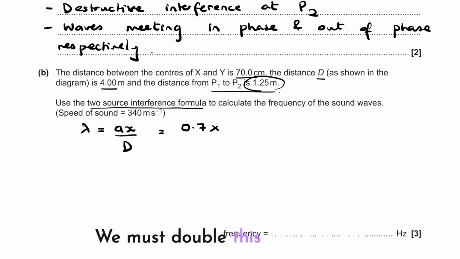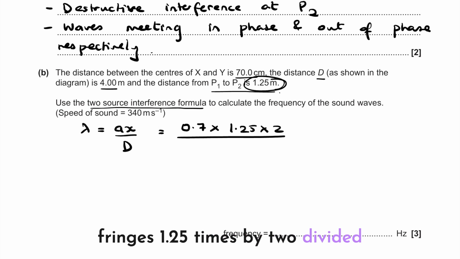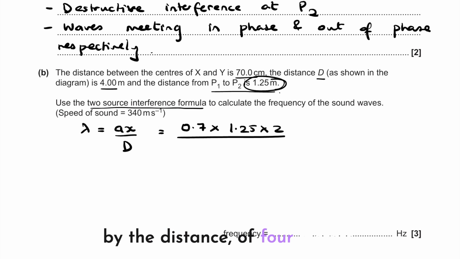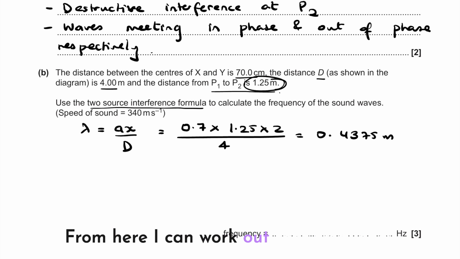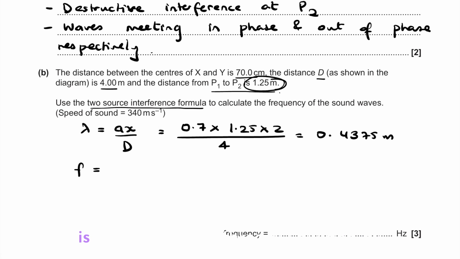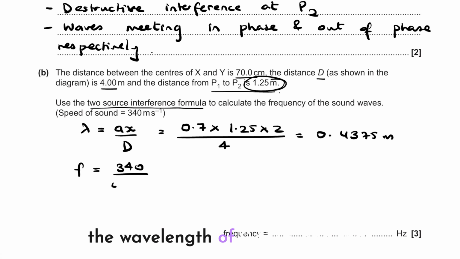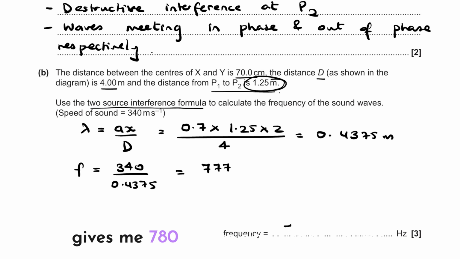We must double this value to get the distance between the two bright fringes, 1.25 times by 2, divided by the distance of 4 meters, and that would give me 0.4375 meters. From here, I can work out that frequency is speed, which is 340, divided by the wavelength of 0.4375, and that gives me 780 to two significant figures.